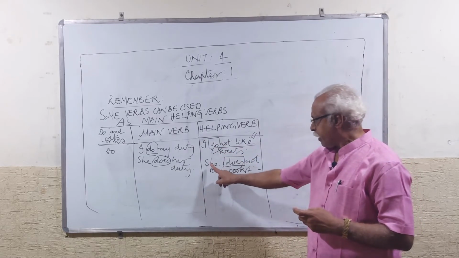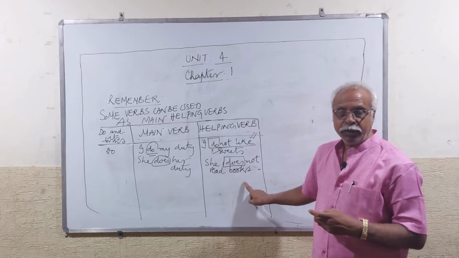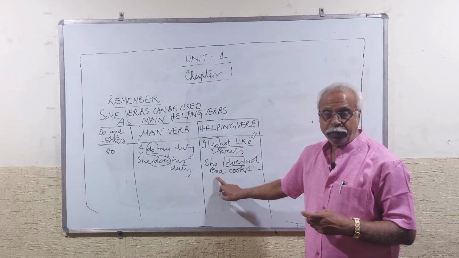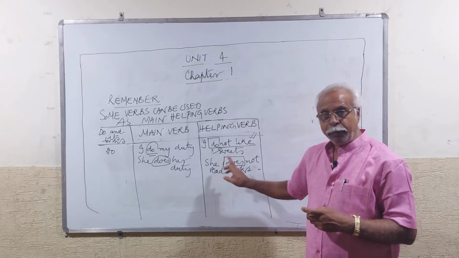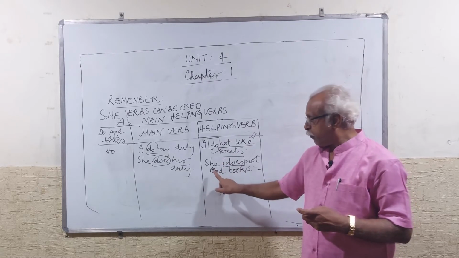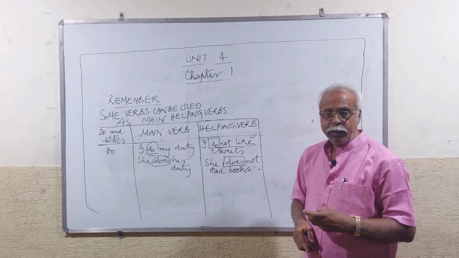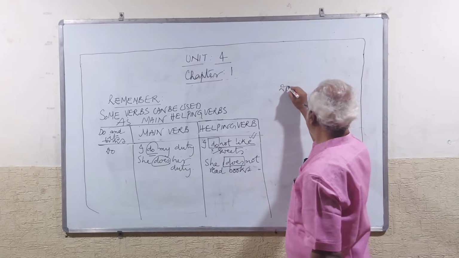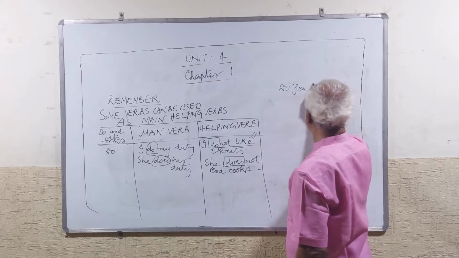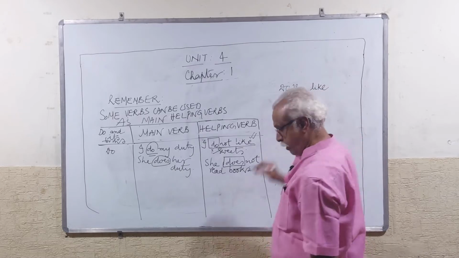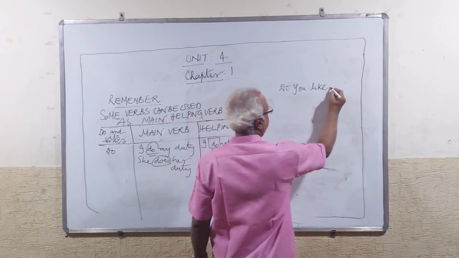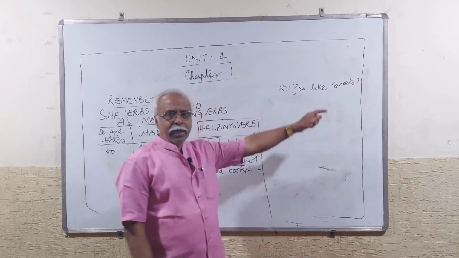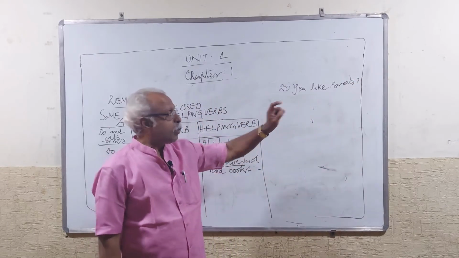The second one, she does not read books. What's the verb? Does and read both. Does is helping the main verb read here to form negative sentences. Similarly, in questions, for example, do you like sweets? An interrogative sentence ends with a question mark.